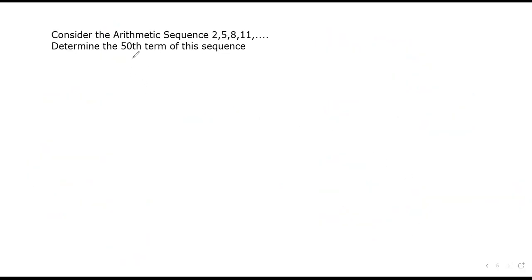Then, when you look at the last one, the question we have is the arithmetic sequence 2, 5, 8, and then they say calculate the 50th term. In order for you to calculate the 50th term, this is what you're going to do.